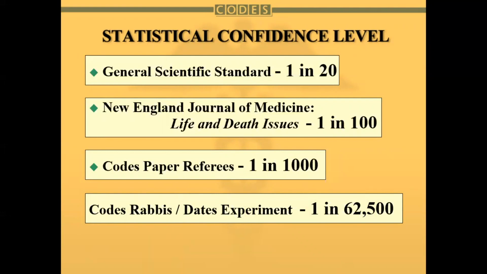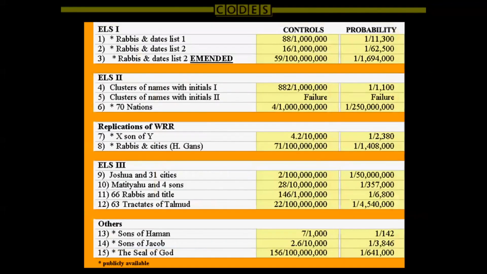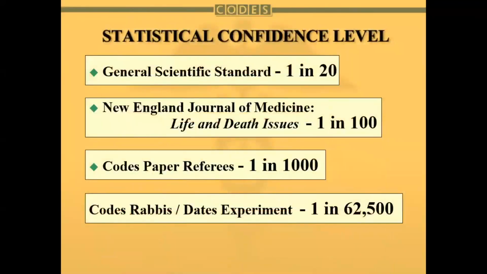So they said, do it again. Repeat the whole experiment. We said, how can we do that? We already chose all the rabbis. They said, okay, go back to that book. Now take anybody who has between 1.5 and 3 columns written about them. Okay, so we did the experiment again. We did an entire series of different experiments. And when we did all of them over and over again, the result was not 1 in 62,500.